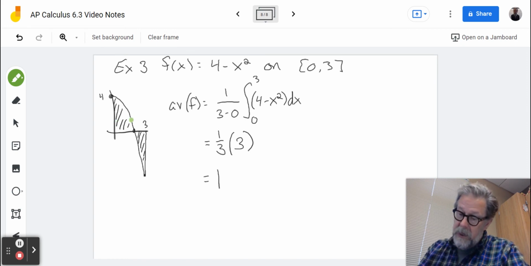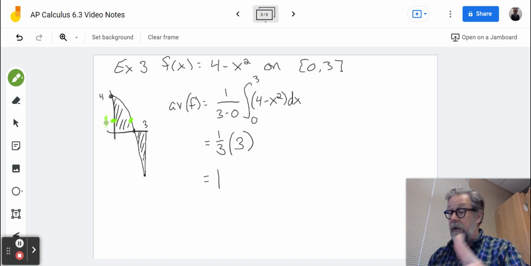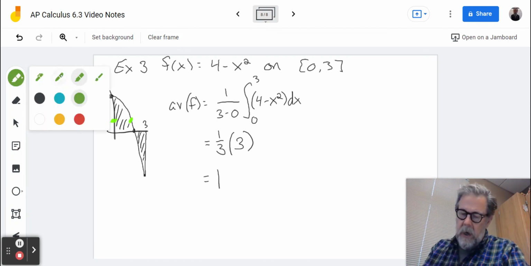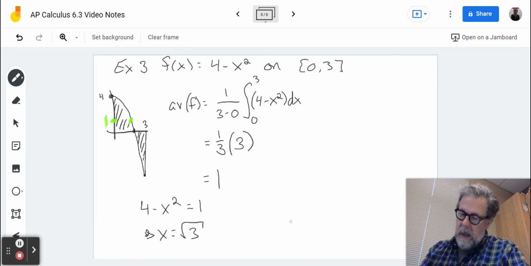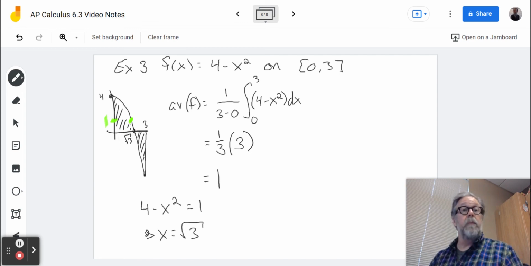So that's this right here. Remember, we're talking about the value of the function, f of x. Where does this occur? Well, this will occur when 4 minus x squared is 1, which means that x is equal to the square root of 3, which means that average value occurs at root 3 and is equal to 1.